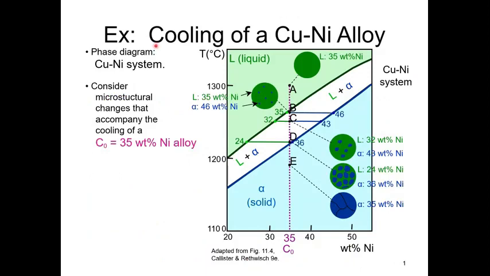As mentioned before, in the phase diagram you can observe the different phases. Okay, so where you have a liquid phase, solid phase, liquid and alpha phase, or liquid and solid phase. You can observe these phases in the phase diagram.